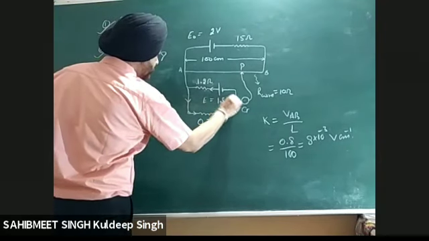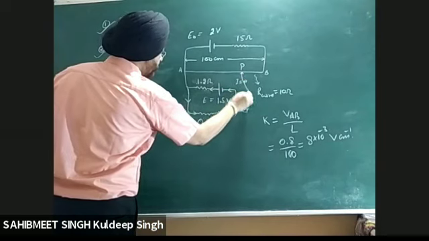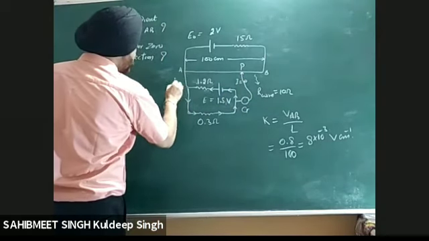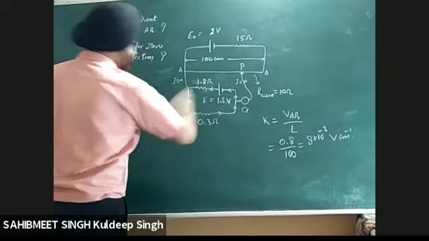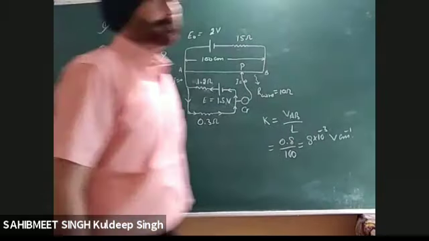Remember one thing, the current here is zero. There is no current here. The current in this wire is also zero. But the current inside this circuit is not zero because this is an isolated circuit. Okay.